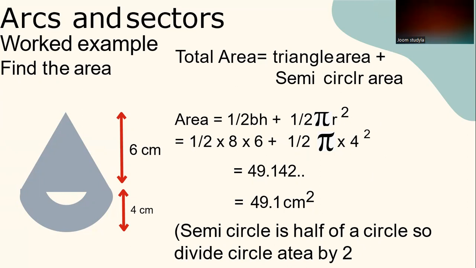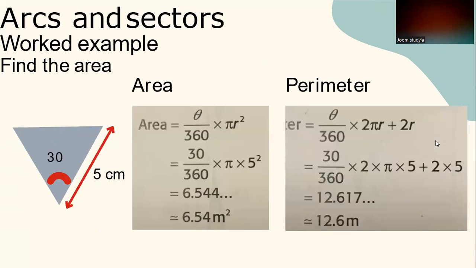And the other example is also to find the area and perimeter. So to find the area and perimeter of the sector, this is actually the formula, because it's given the arc value, but it's not given others.